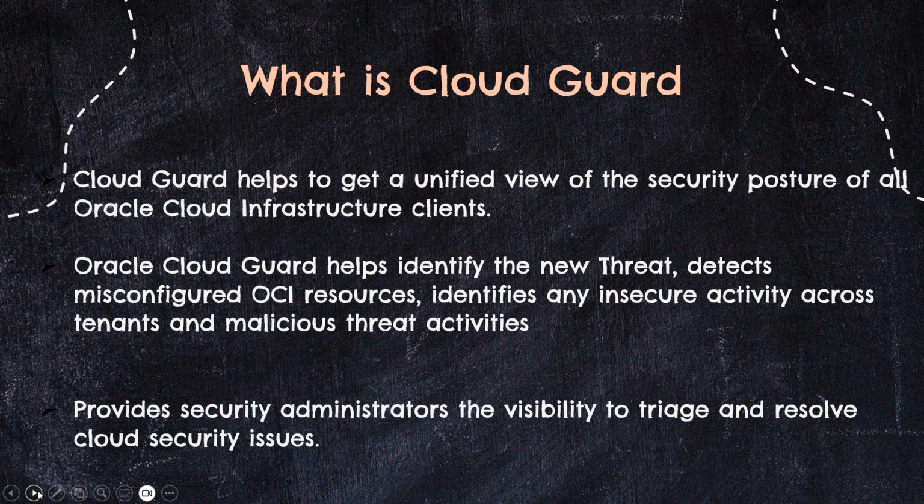For example, if you created a public IP with an instance, it's going to notify in the dashboard that a team member has created a new instance. It gives you a security posture, and provides security administration in the console where you can triage, and also automatically remediate or notify your administrators.